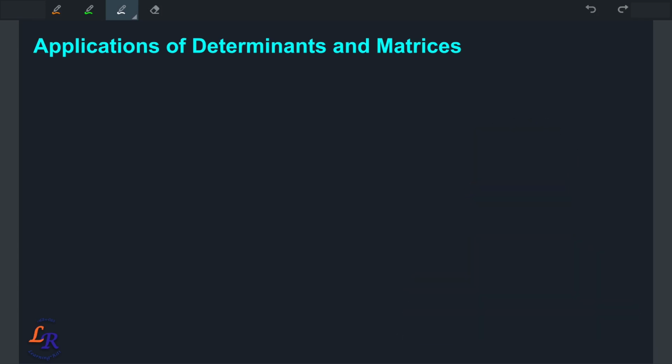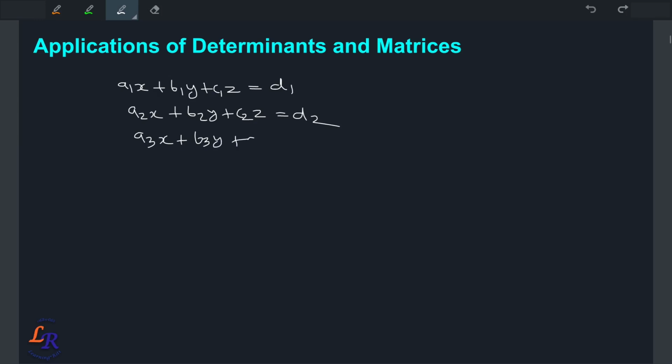So let's say we have a system of equations: a1x plus b1y plus c1z is equal to d1, a2x plus b2y plus c2z is equal to d2, a3x plus b3y plus c3z is equal to d3, right?